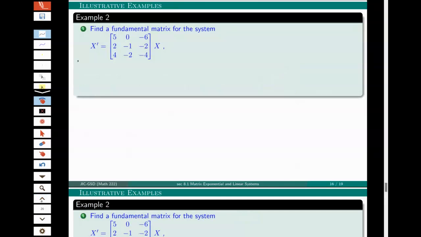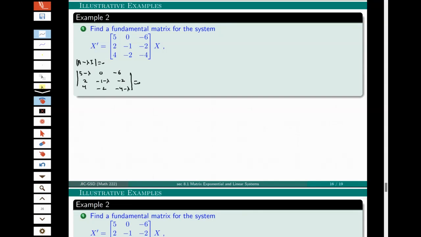Okay, so I will find first A minus lambda I, which is the eigenvalue. So that will be 5 minus lambda, 0, minus 6, then 2, minus 1 minus lambda, and minus 2, then 4, minus 2, minus 4 minus lambda, equal to 0.